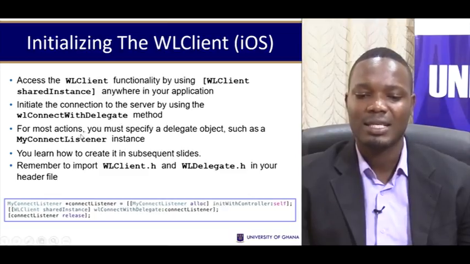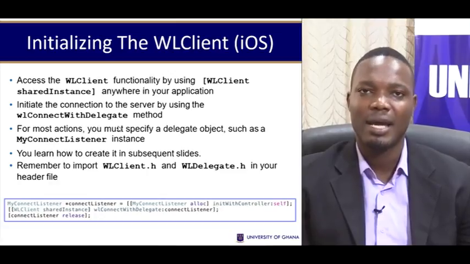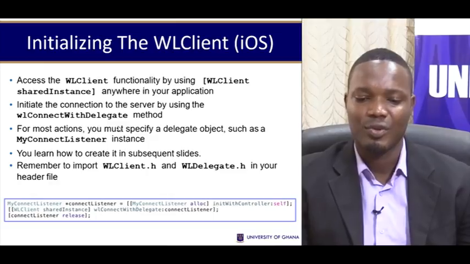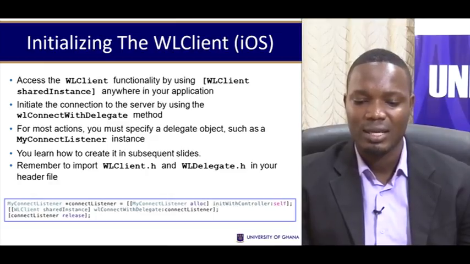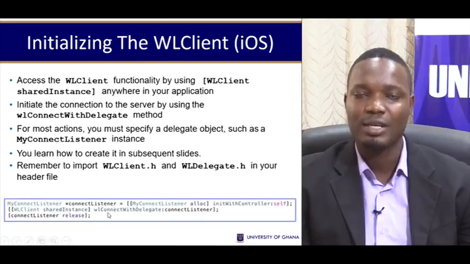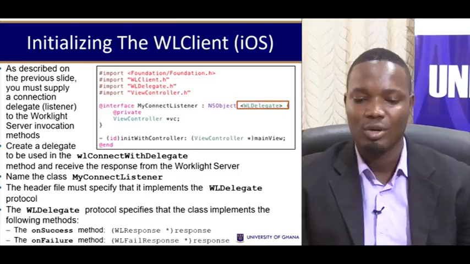Now for most actions, you must specify a delegate object, such as a MyConnectListener instance. Now, we've seen that severally, and this is how you could actually proceed to do this. Now, always remember that you need a WLClient.h header file and then the WLDelegate.h header file in your application.